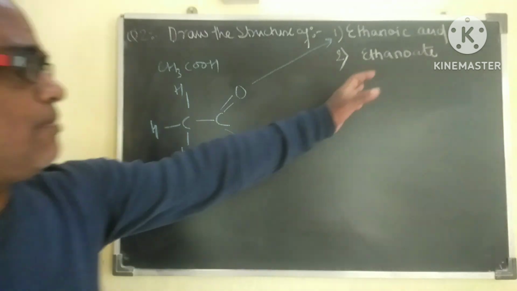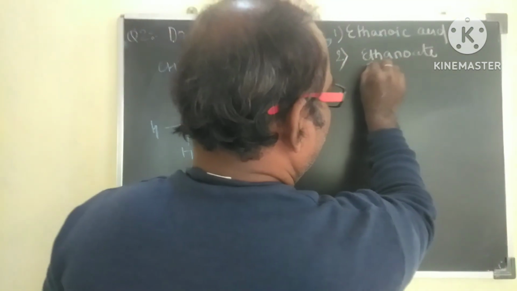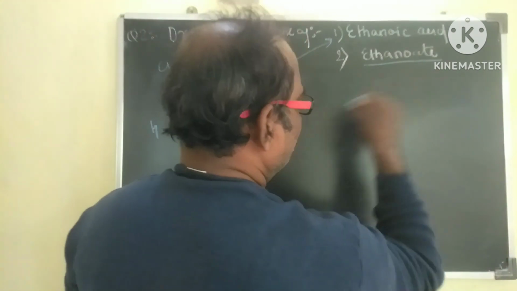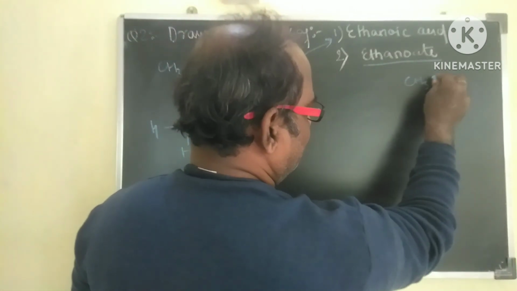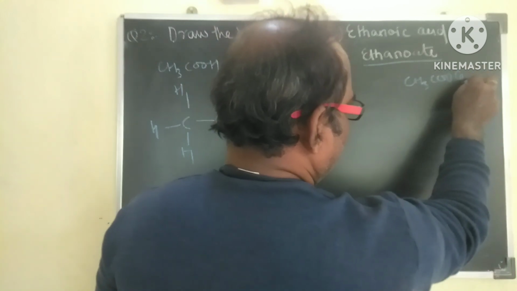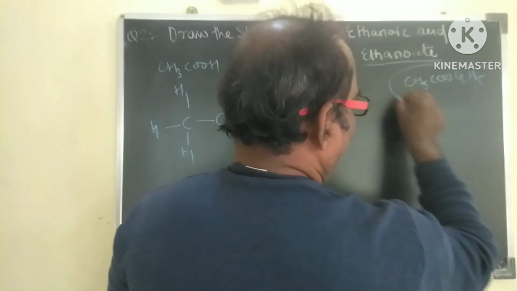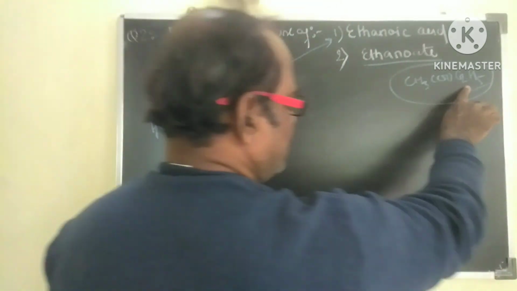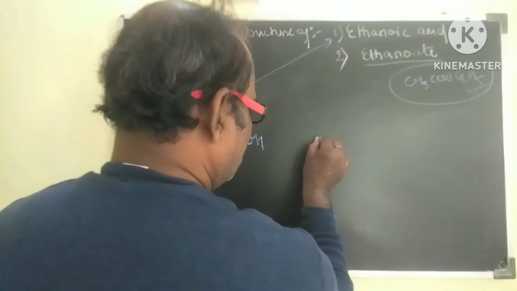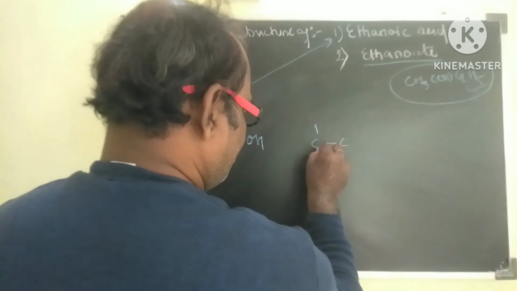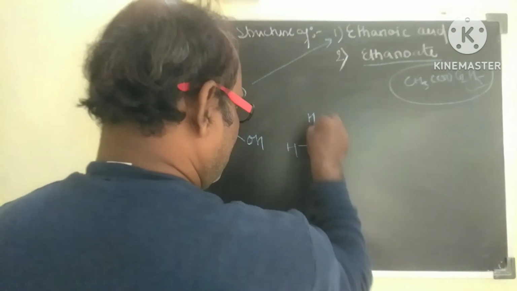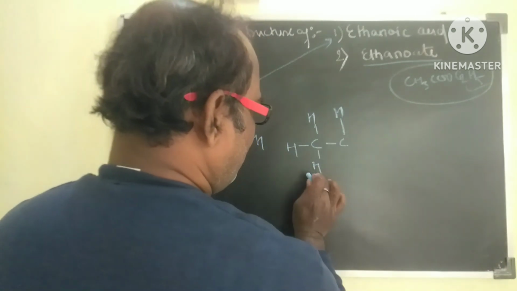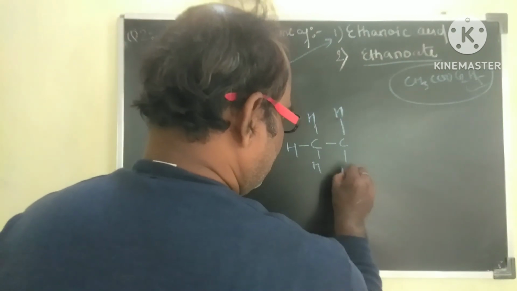Next we will have a very important structural formula of ethyl ethanoate. What is ethyl ethanoate? The formula of ethyl ethanoate is CH3COOC2H5. So how to draw the structure of this? First we will draw this structure, that is C2H5. Let us take C2H5, CH3, C2H5, 1, 2, 3, 4, and this is 5.